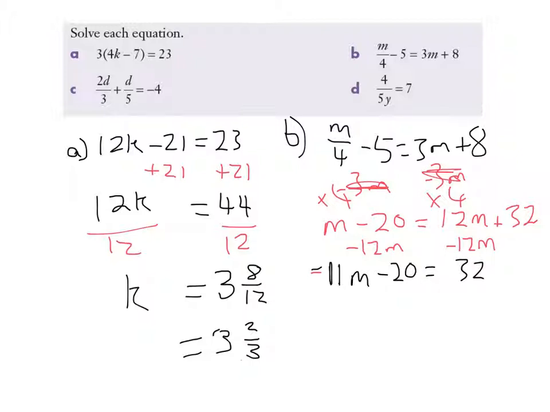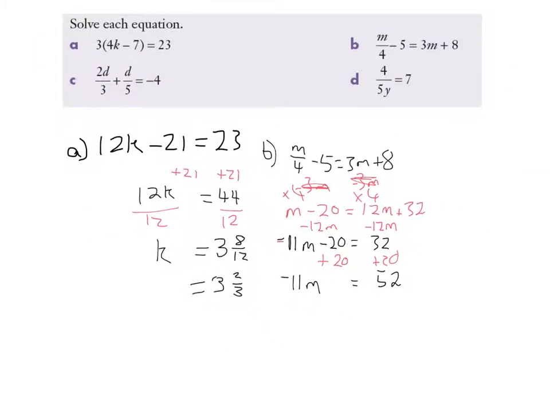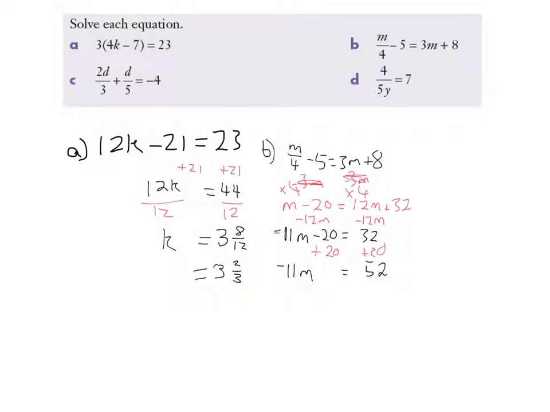Alright, so the next step here, I want to add 20 to both sides. That makes minus 11m, I should always remember that minus, is equal to positive 52. Alright, so I can shrink that, make it a bit easier to work with, because I do need a bit more space.